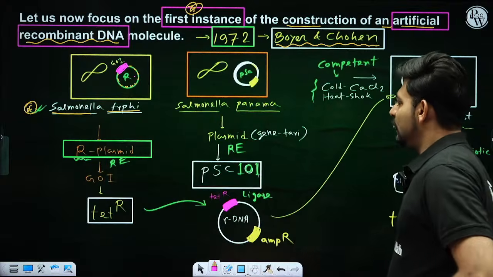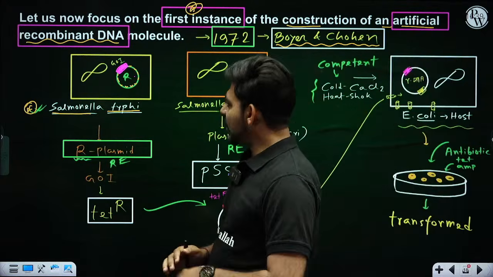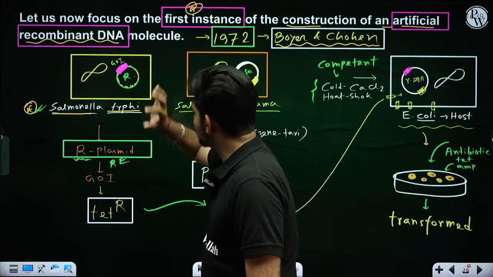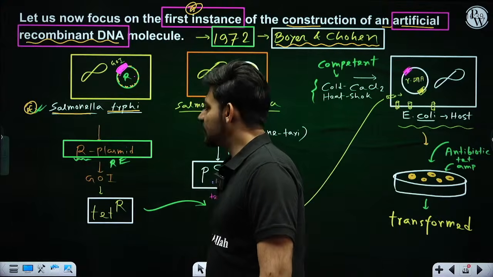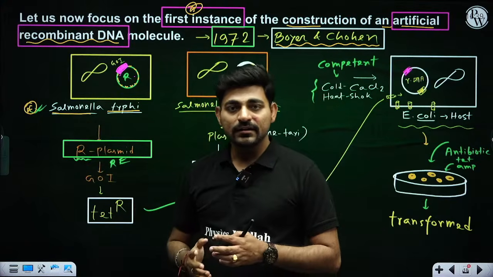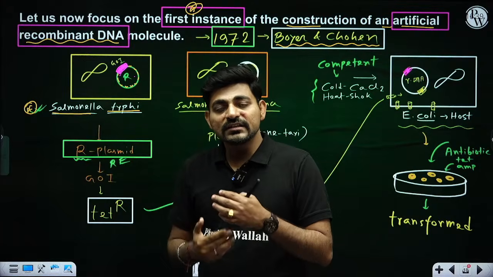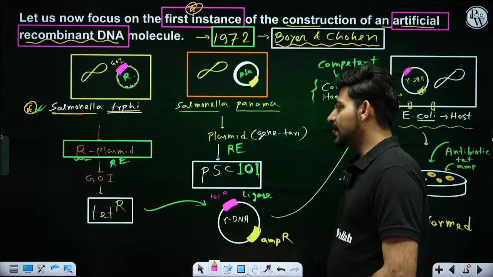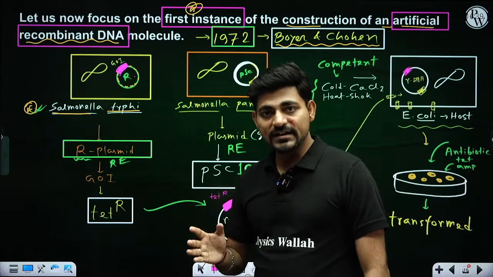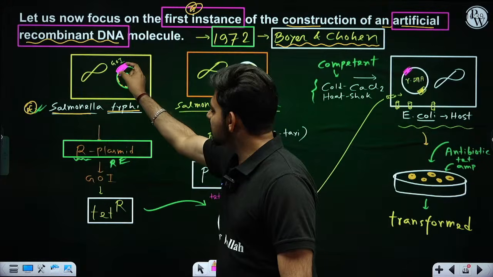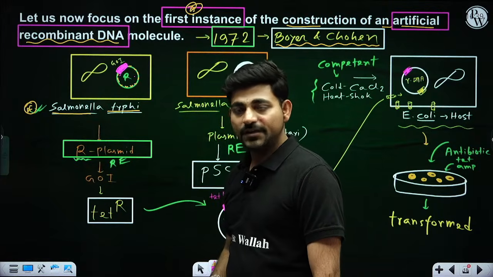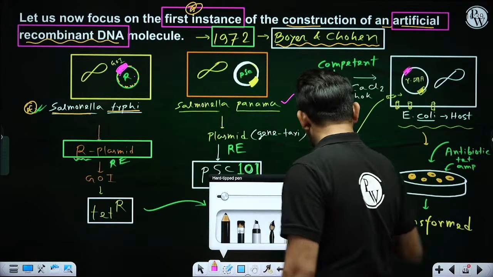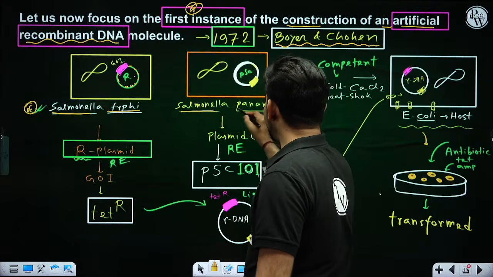Now what did they want? They wanted to take out this tetracycline resistant gene from the plasmid of Salmonella typhi and culture it within E. coli bacteria inside the laboratory. Already we have learned that directly you cannot insert this into the host bacteria. So for that they chose another strain of Salmonella, known as Salmonella Panama.